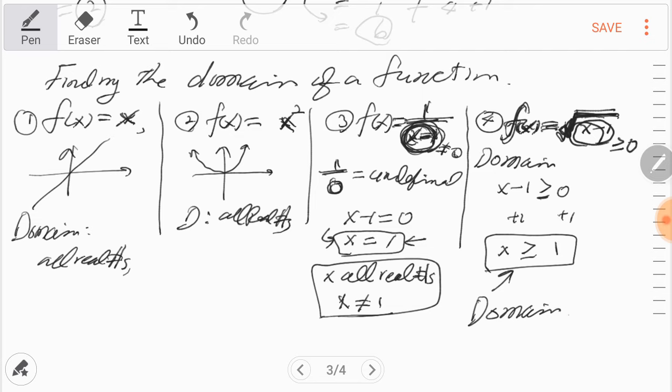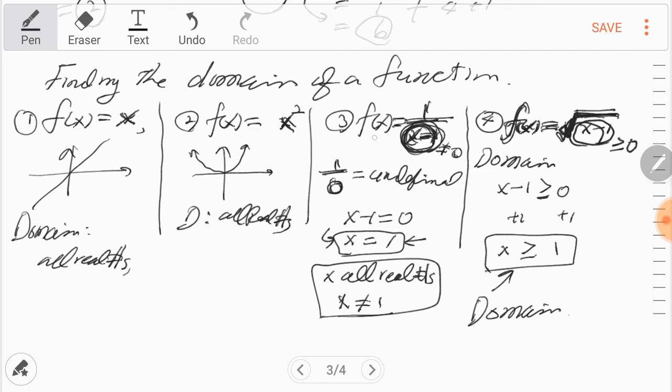Usually we say the domain is all real numbers, but depending on the function, there are restrictions on the input. So you may say the domain is all real numbers except x equals some value.